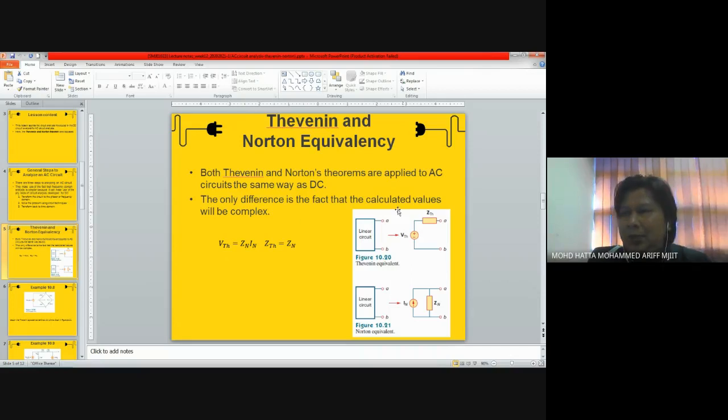For example, if you look at the figure at the right over here, bottom right, we have a linear circuit. Most probably this circuit will be a complex circuit. We have series parallel connected resistors or any other passive elements such as inductor and also capacitor.